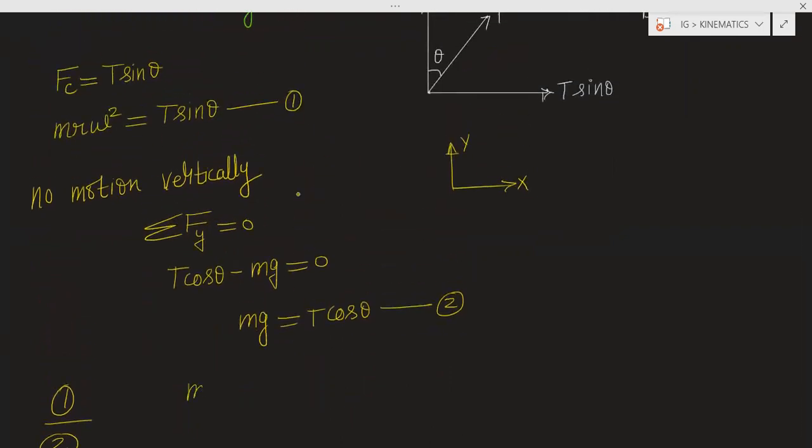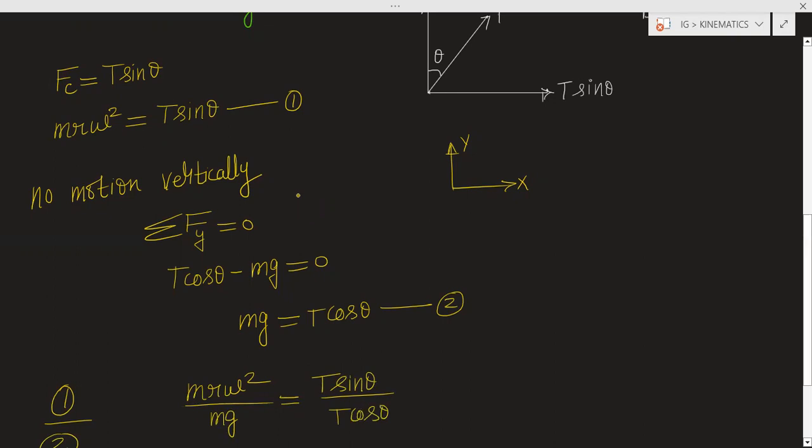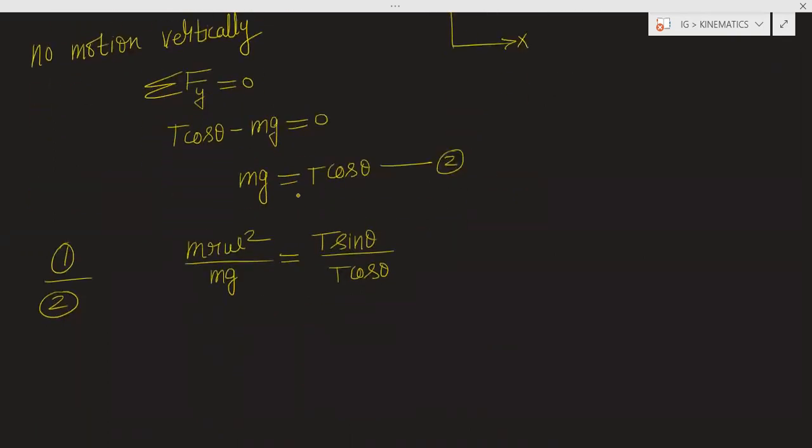So it is m r omega square divided by mg is equal to T sin theta divided by T cos theta. Now from here m and m will be cancelled out, and T and T will be cancelled out.